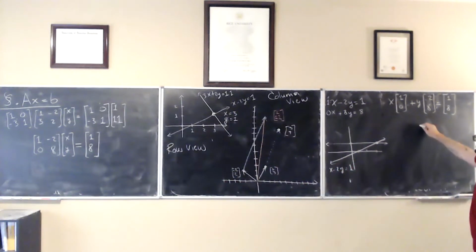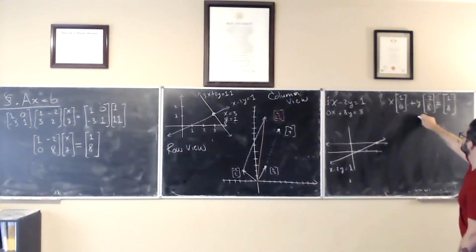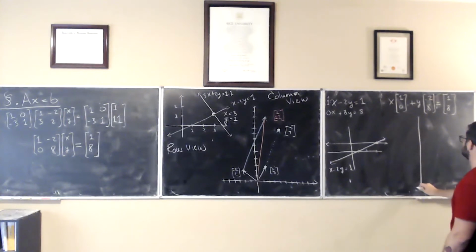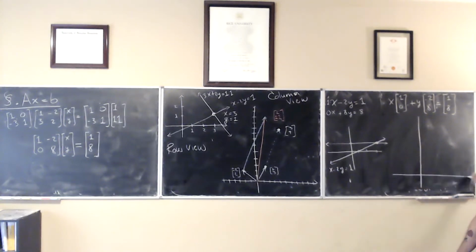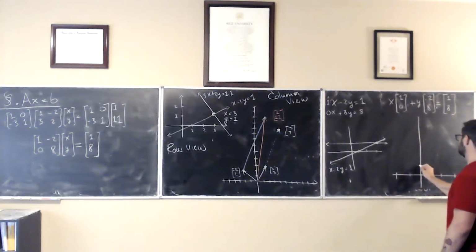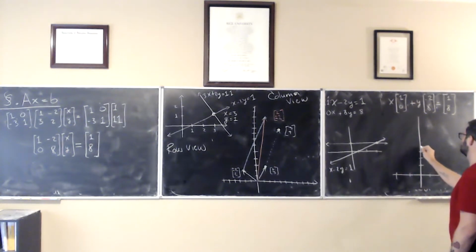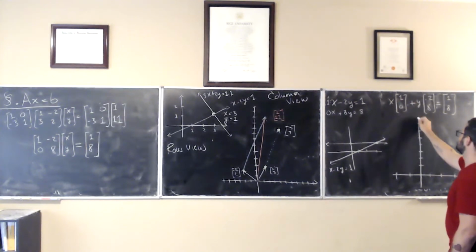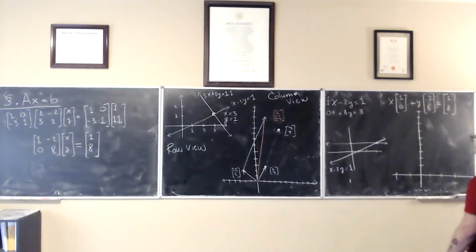So now let's do this one. This is going to be hard to draw over here. Okay, and then 1, 2, 3, 4, 5, 6, 7, 8, 9. I think it's about as high as I can go. Okay, where's this vector? It's (1, 0).